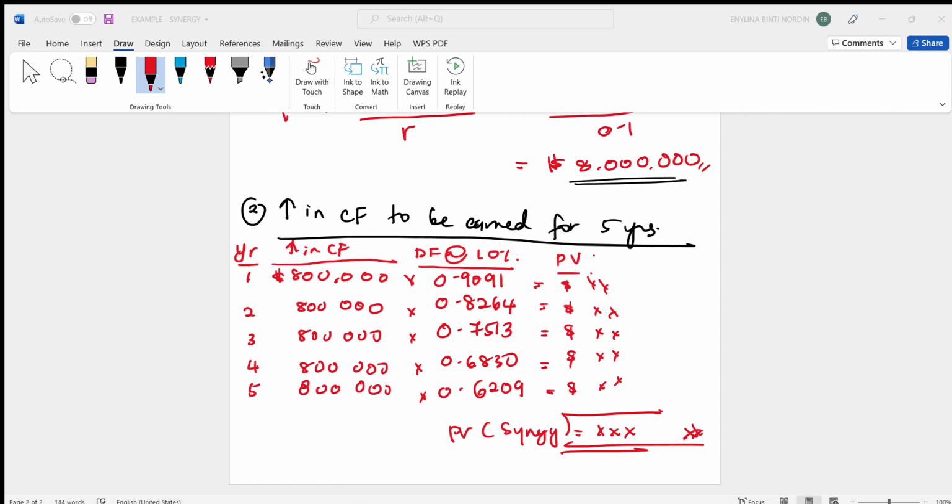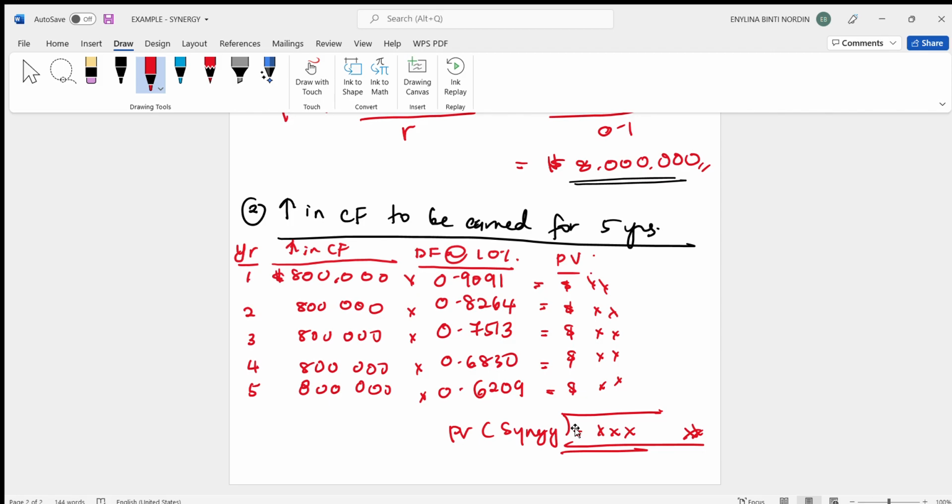So this value must be equal to the value that you obtained from the earlier calculation. That is how you calculate the synergy using the discounted cash flow formula, if the number of years for the future increase or changes in the cash flow is known, for example here, 5 years.